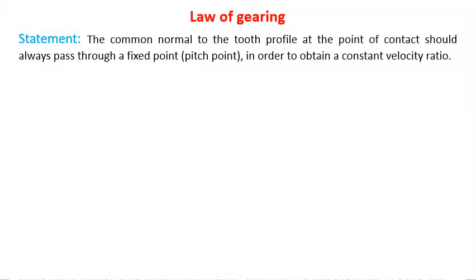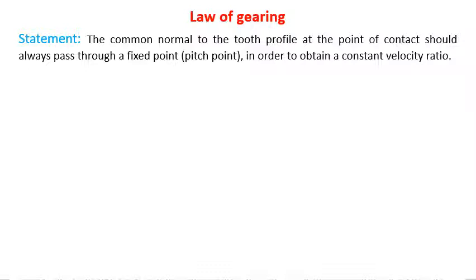First of all, in order to obtain proper meshing or smooth running between the wheel and the pinion, we have to maintain the standard law of gearing. So what does it say?